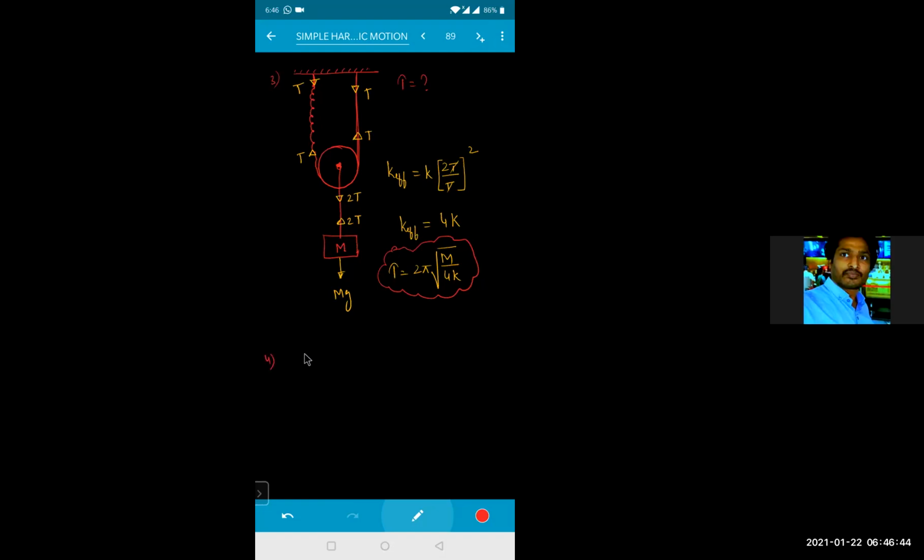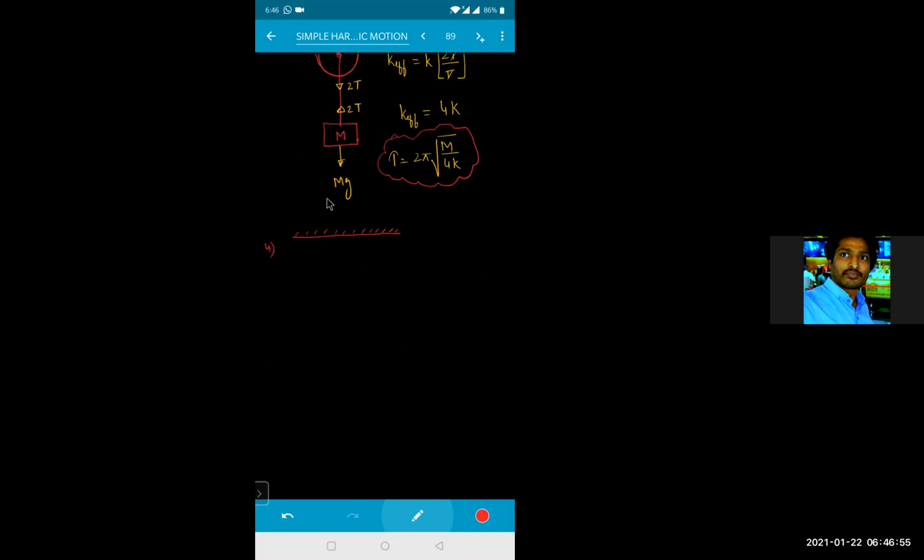Let me give you one more example. This is an easy shortcut method, beta. This is one block here right now. Sorry, this is your pulley which has been fixed. And to this one, I have one pulley here right now.